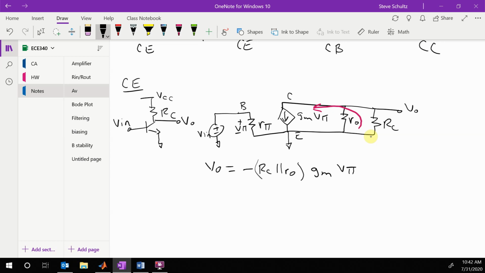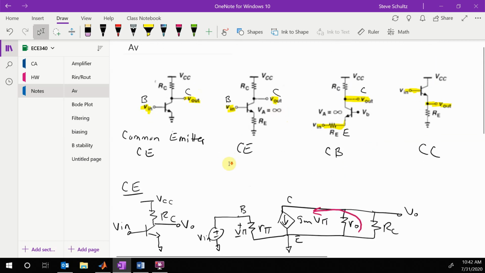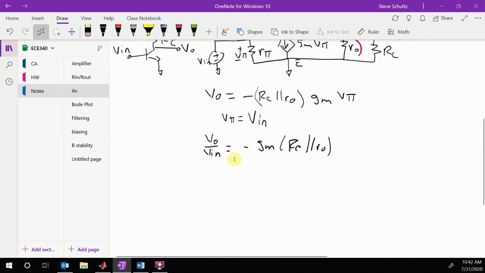And then we come over there and we see that V pi equals V in. So our V out over V in equals minus gm times RC in parallel with RO. Okay, that's our first case. So we are done. That is the equation for our common emitter.